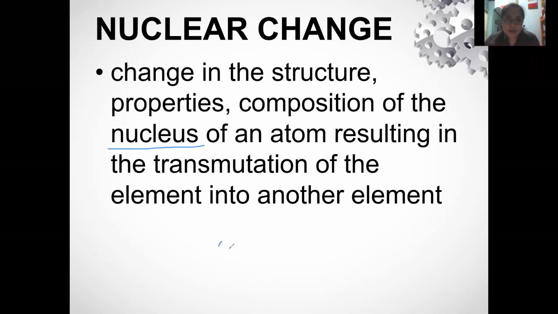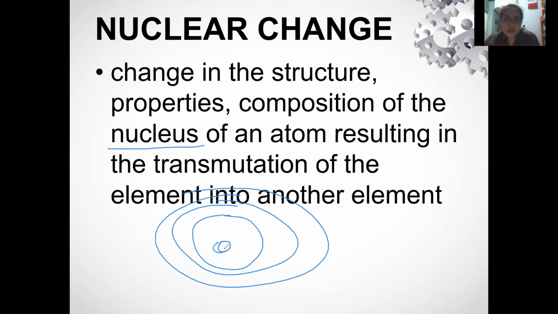Remember, yung atom mo merong nucleus sa gitna, and then merong mga orbitals na nakapalibot. So kapag itong nucleus na ito nag-change, ang tawag natin nuclear change. So ano bang meron sa gitna ng atom? Ano bang makikita natin sa nucleus? The nucleus contains protons and neutrons.